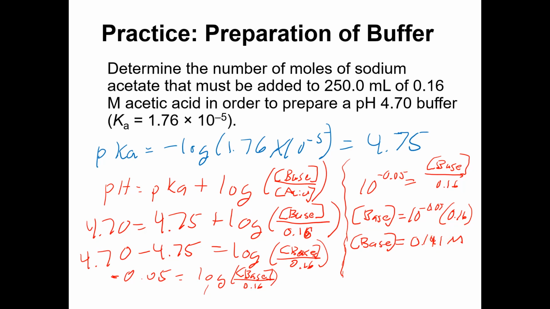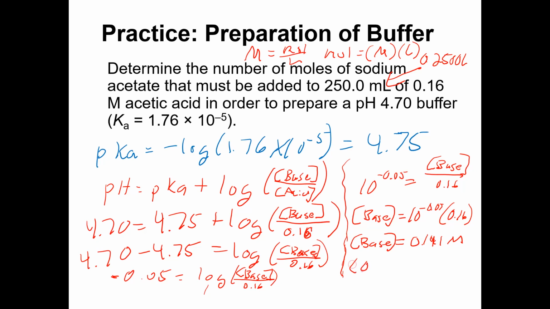Now, if we think back to the definition of molarity, molarity is equal to moles over liters. So if we want moles by itself, we would multiply molarity times liters. If we convert 250 milliliters to liters, that's 0.2500 liters.